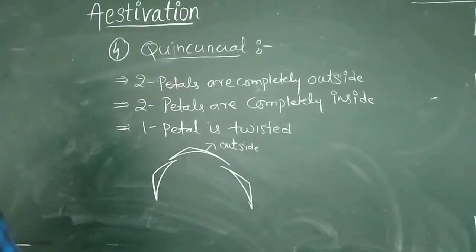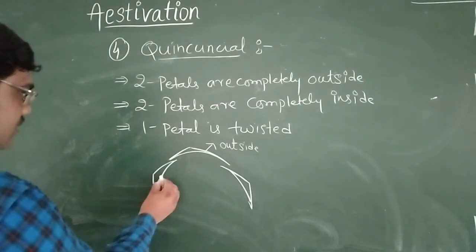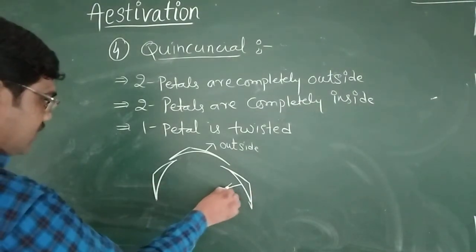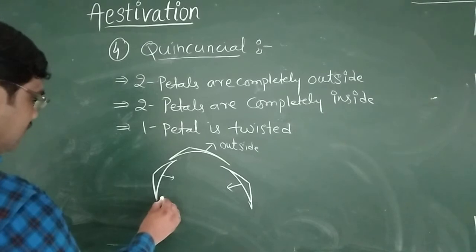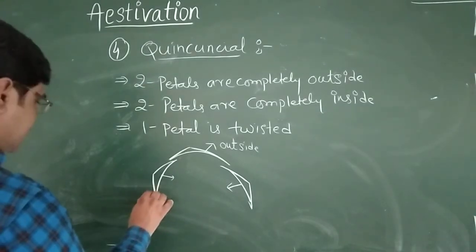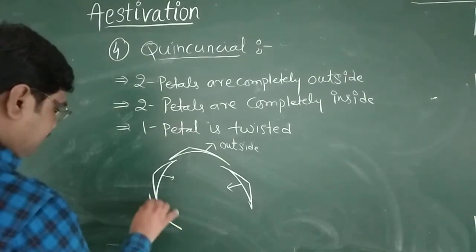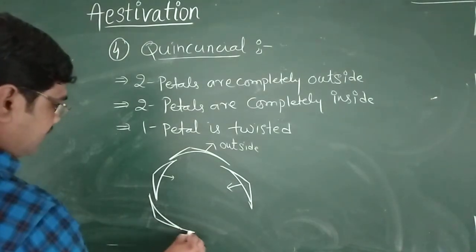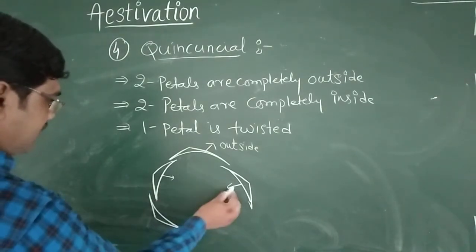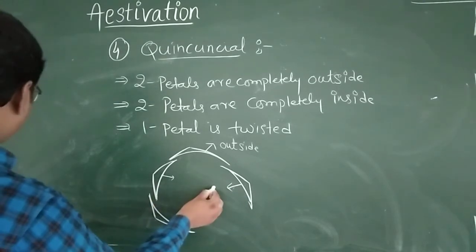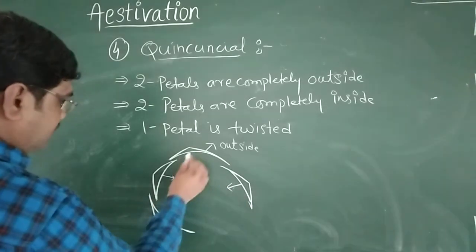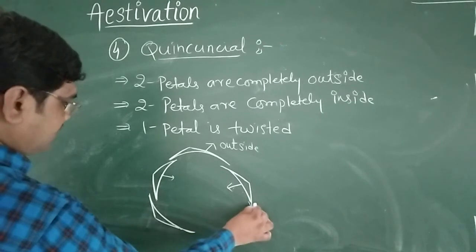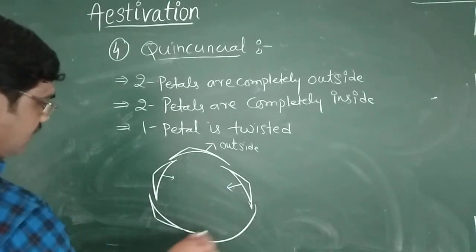Next, these two petals are completely inside. Inside means this is one petal. Next, these two petals are completely inside. So the next petal, 1, 2, 3, 4. The next petal is completely outside.